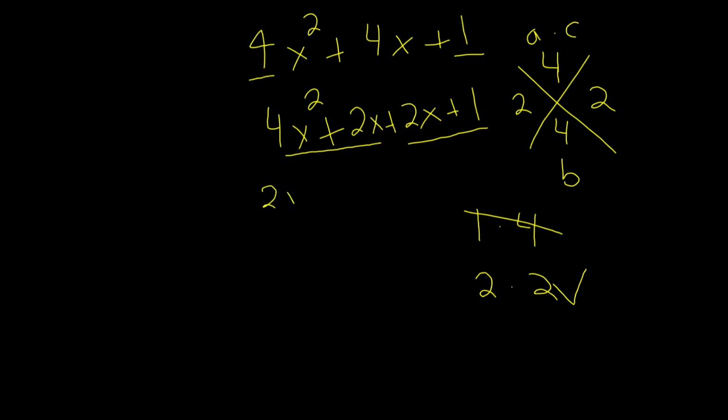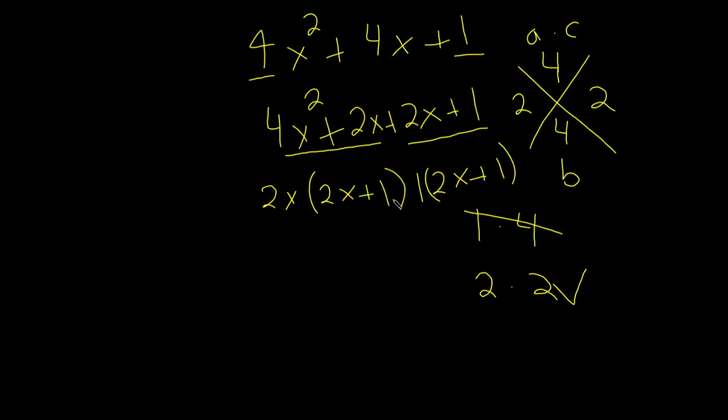So we write 2x here. 4x squared divided by 2x, that's 2x, and 2x divided by 2x, that's 1. And now this can't actually be factored because it's already factored the most it is. So we just write that as is, 2x plus 1, and we write a 1 here.